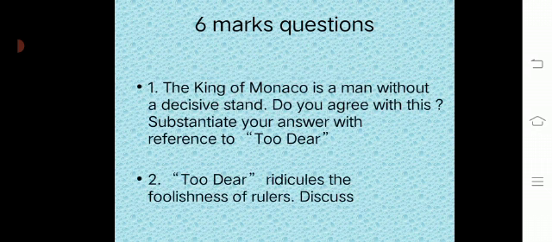Question number 1. The King of Monaco is a man without a decisive stand. Do you agree with this? Substantiate your answer with reference to Two Deer. My dear students, this particular question I have seen repeatedly in your question papers.